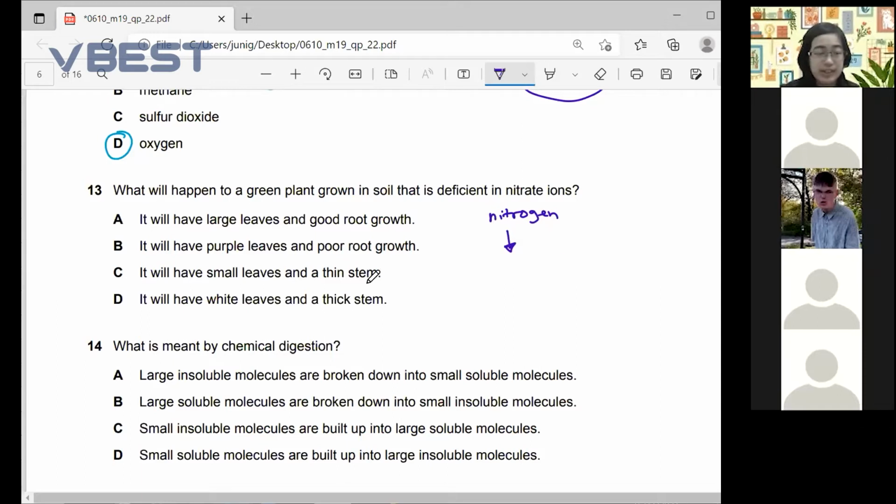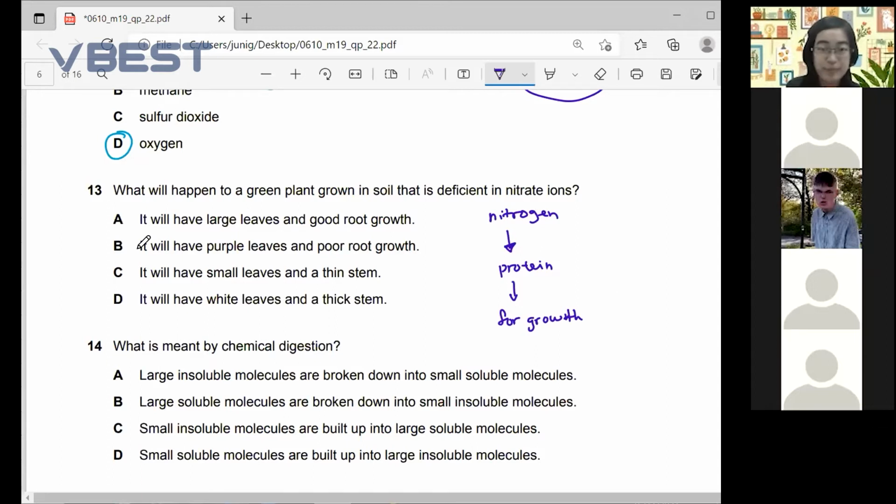When it comes to nitrogen, the plant uses nitrogen to make protein. Protein is for growth, right? So when the plant is deficient in nitrogen, it cannot grow properly. Which of these options looks like the plant cannot grow properly? Stunted growth.